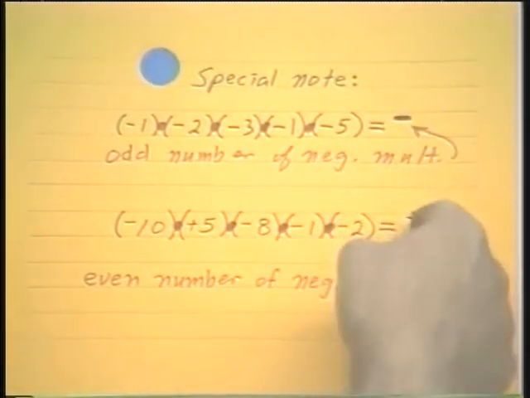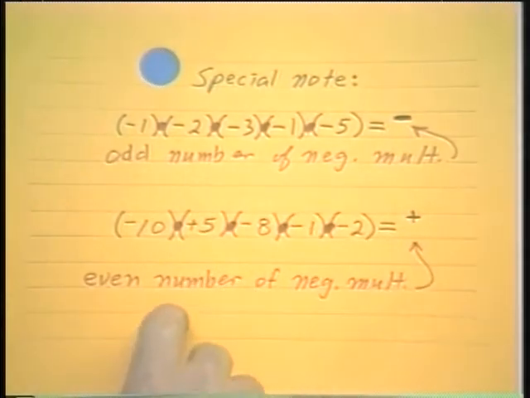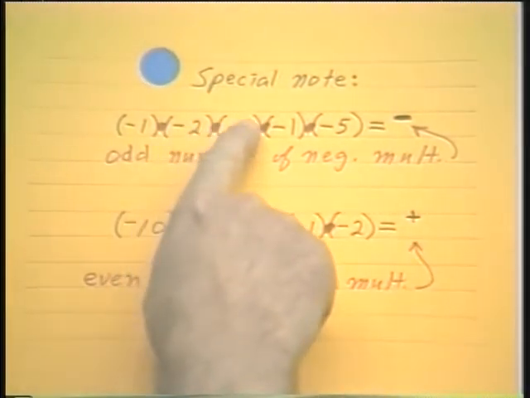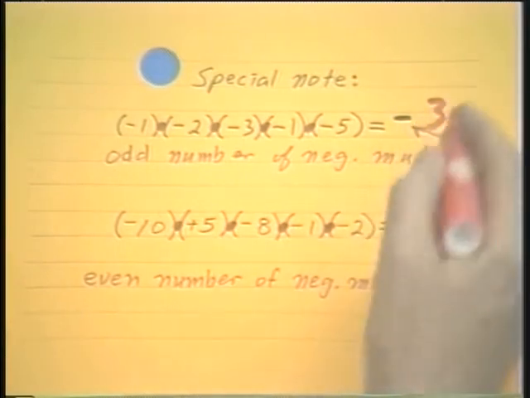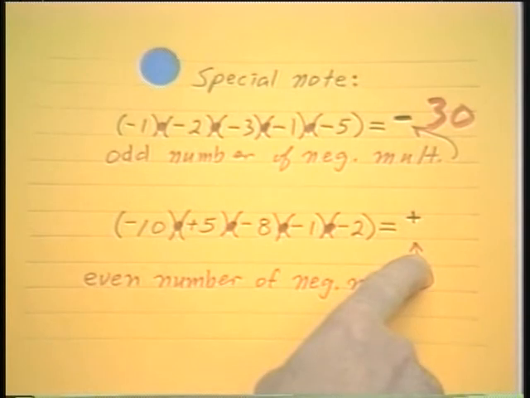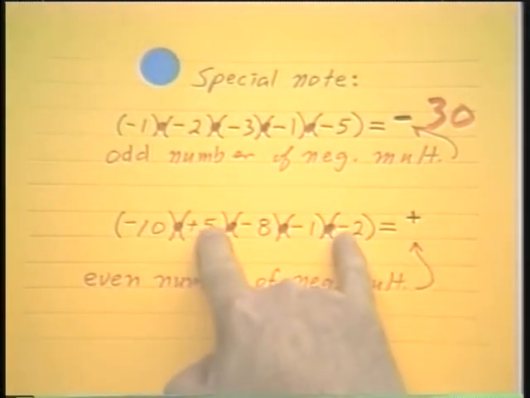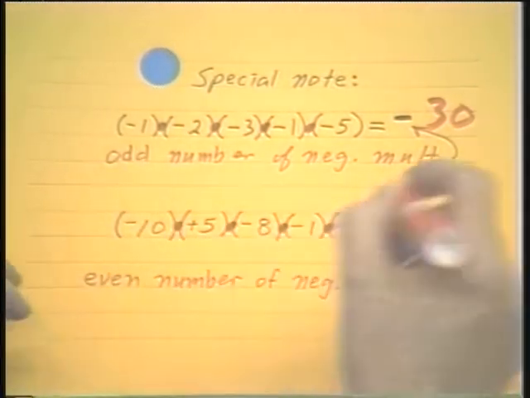Now, once we've determined the sign, we can simply multiply the absolute values. So 2, 6 times 5 is 30. So my answer here is negative 30. Down here, 10 times 10 is 100 times 8 is 800.